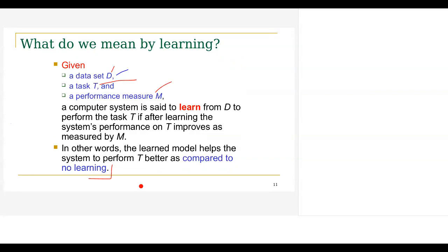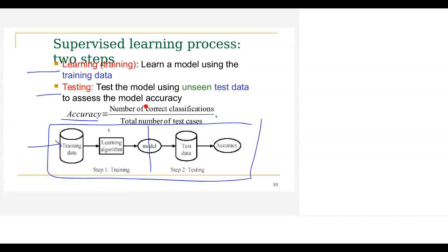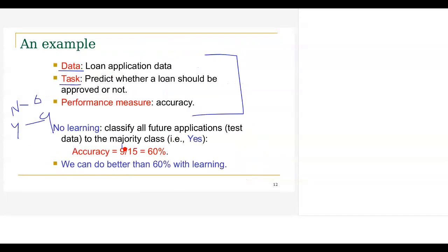The formula of accuracy is the number of correct classifications divided by the total number of test cases. The number of correct classifications is 9, divided by 15, which comes out to 60%. Our model is 60% accurate. We can do better than 60% with learning.